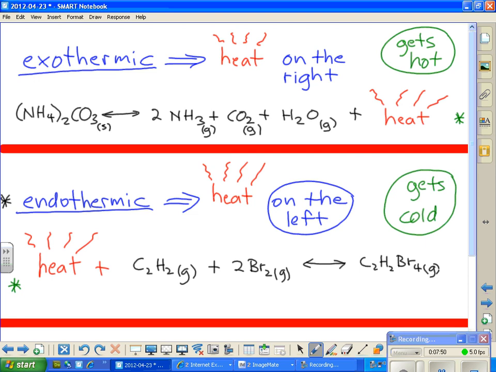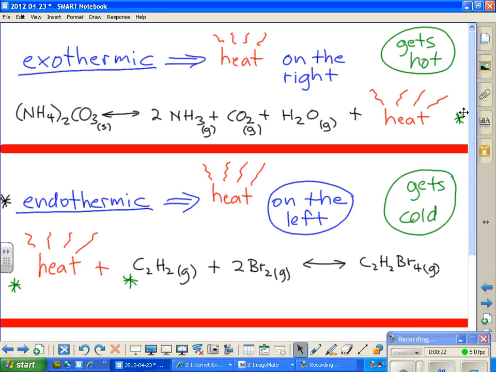Okay, so we're going to treat this heat just like we would treat any other substance. Let's take the endothermic first, down at the bottom, and treat heat just like we would treat this C2H2. That's ethene, actually. C2H2 is going to react with the bromine and produce the product, C2H2Br4.